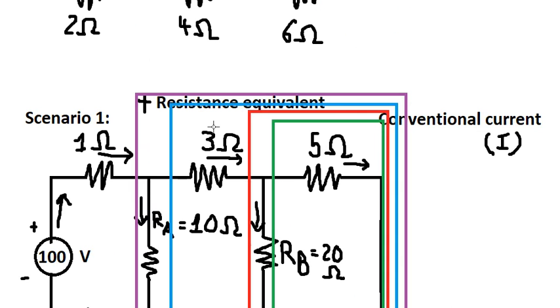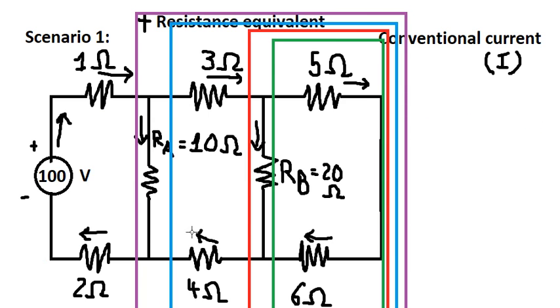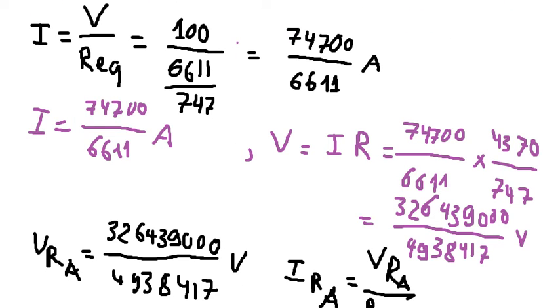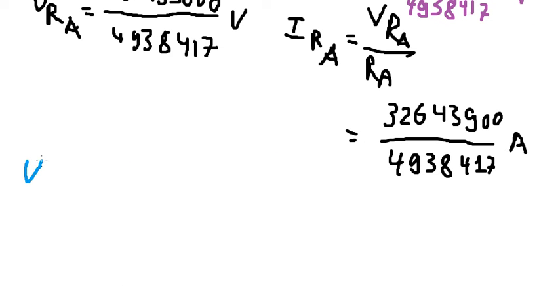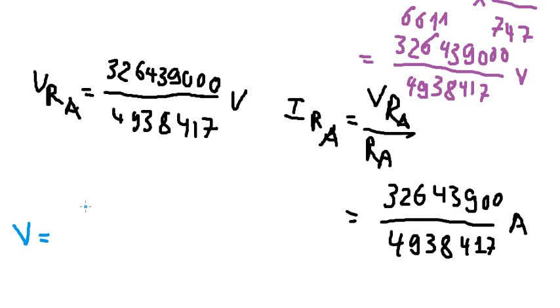So the voltage of the blue is equal to the voltage of the purple, because this is parallel in here. So we write the blue color. This is for the blue one, and we have this number in here.